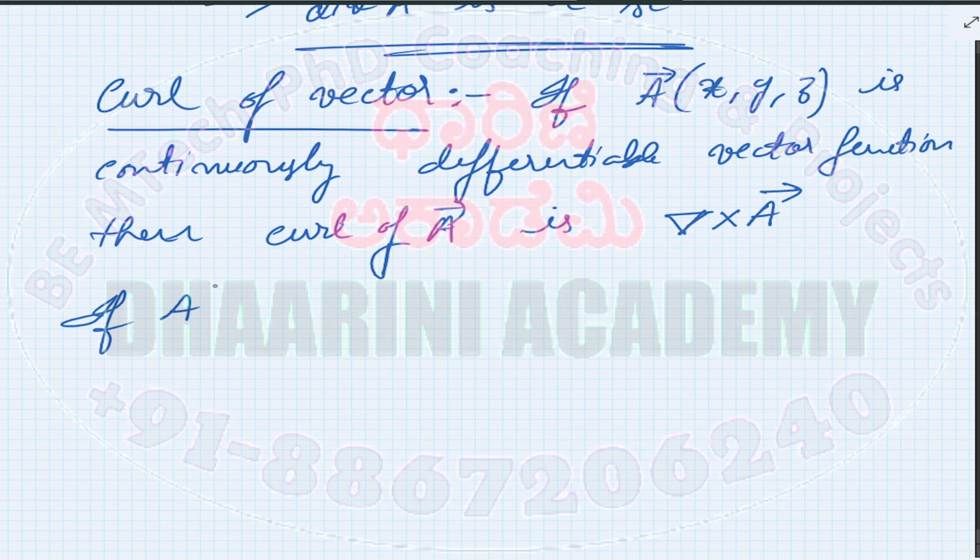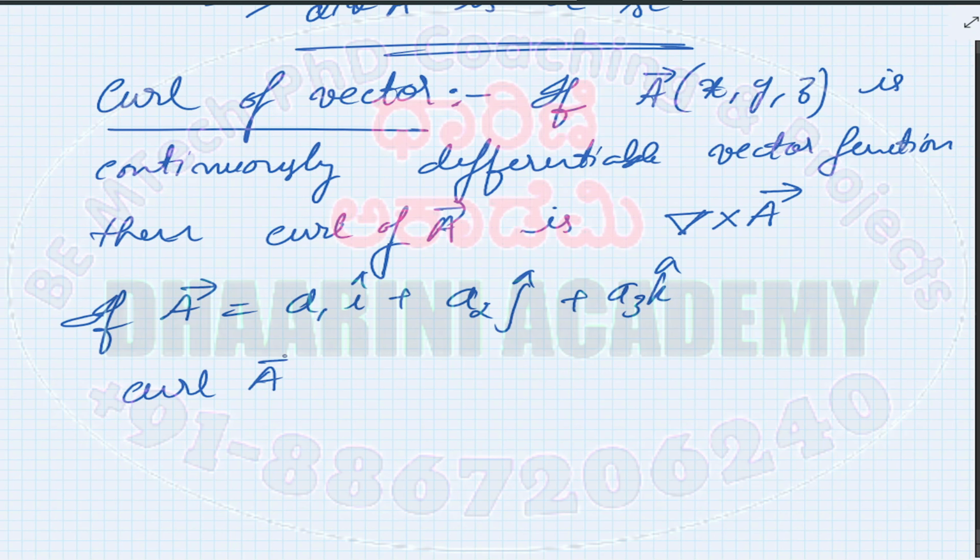If vector a is equal to a1 into i cap plus a2 j cap plus a3 k cap, then curl a vector, that is del cross a vector, is a determinant.